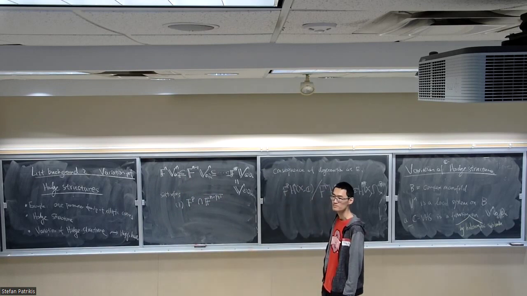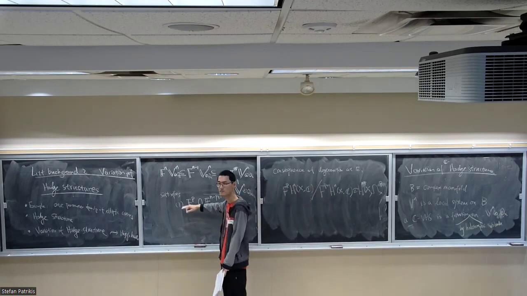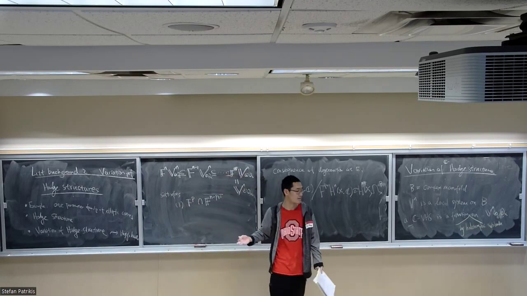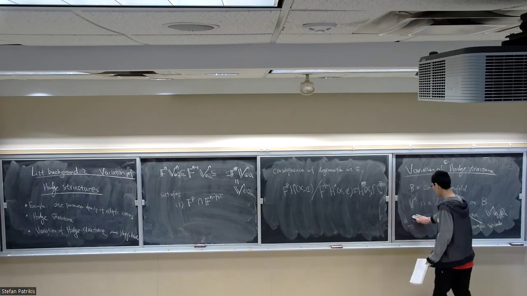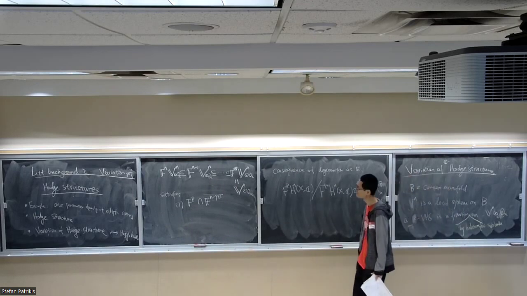For this to make sense, V has to have an R structure, right? Otherwise you can't make sense of that conjugation. For a complex variation of Hodge structure there is no such condition. There's some more data maybe. So let's just define an RVHS. Sorry, I'm not very familiar with the CVHS.